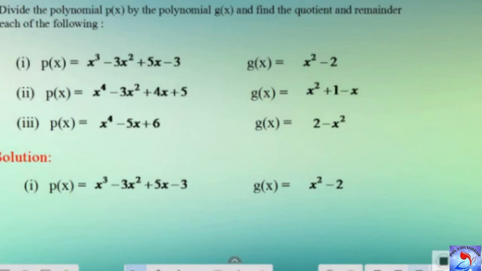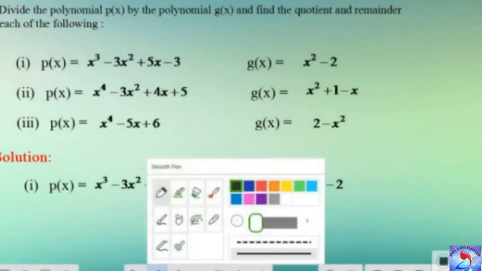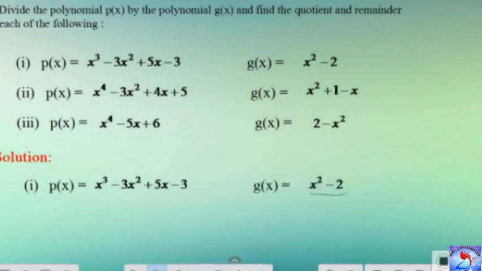Here p of x is nothing but x cube minus 3x square plus 5x minus 3, and your g of x is x square minus 2. You can check here the degree of the polynomial p of x and the degree of the polynomial g of x.